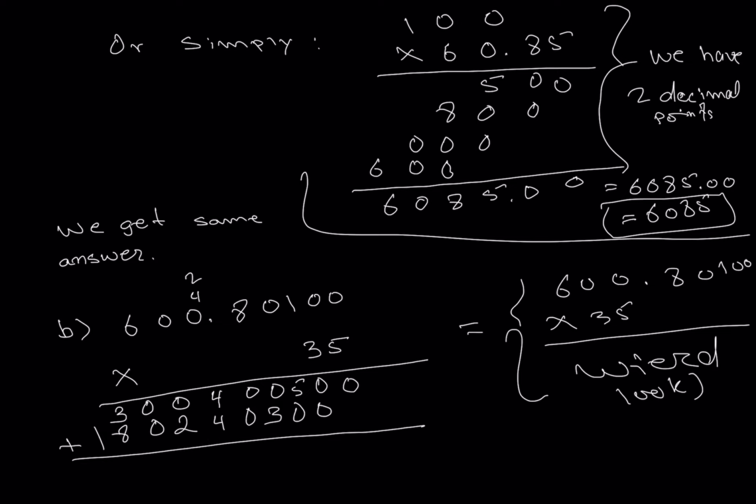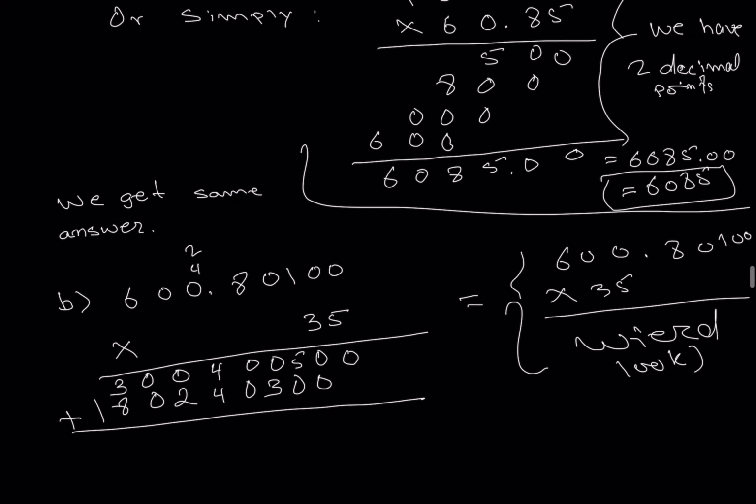Now we add them up, since we said earlier that whatever decimal points we have, that will be in our final product. So we have 0, 0 plus 0 is 0, 5 plus 0 is 5, 0 plus 3 is 3, 0 plus 0 is 0, 4 plus 4 is 8, 2 plus 0 is 2, 0 plus 0 is 0, 3 plus 8 is 11, and 1 and 1 will be 2. So we'll have to count from here 1, 2, 3, 4, 5.